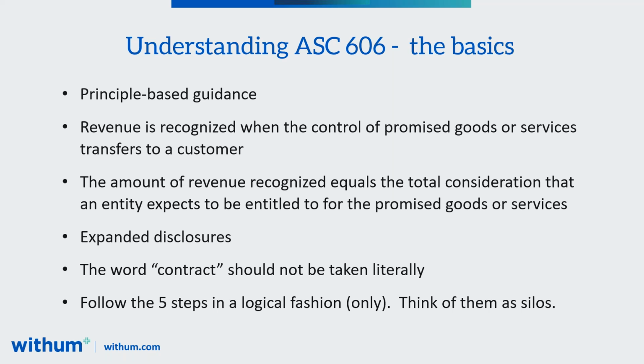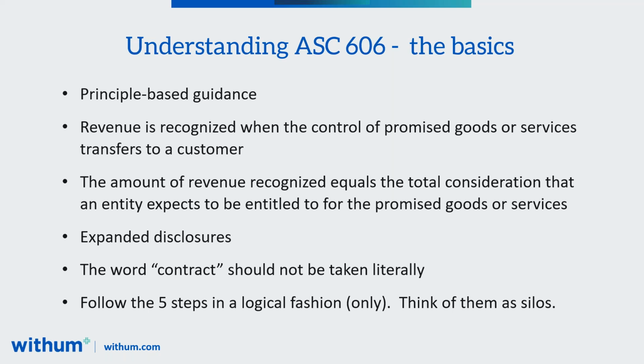Once talk began arising, going back a number of years now, of potential convergence with international accounting standards, our guidance became more principles-based, which means there are fewer hard and fast rules and there's more disclosure to almost compensate, so that the users and readers of your financial statements can look at these expanded disclosures and get insight into your key judgments and decisions.